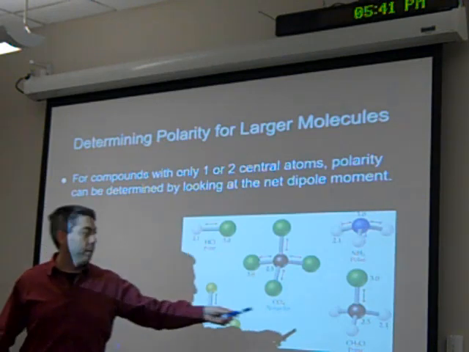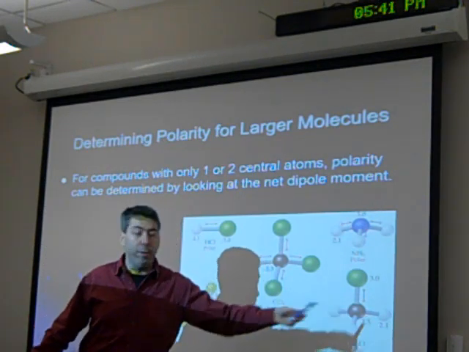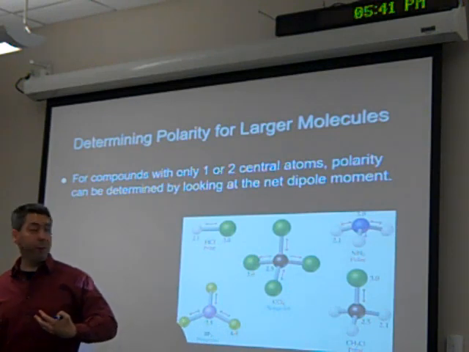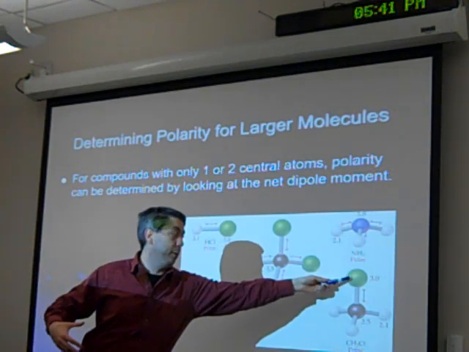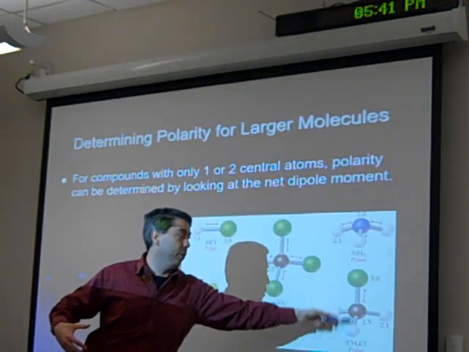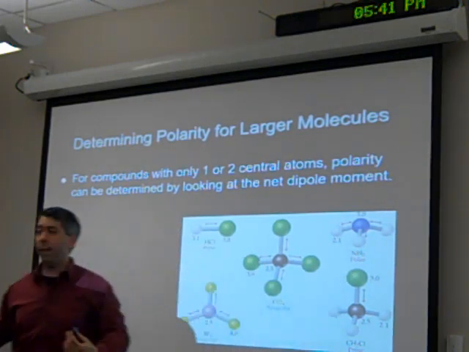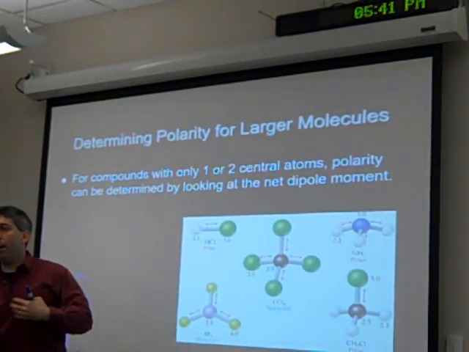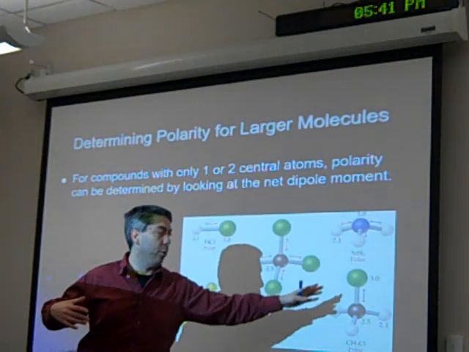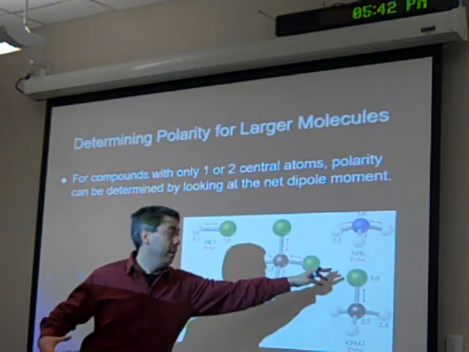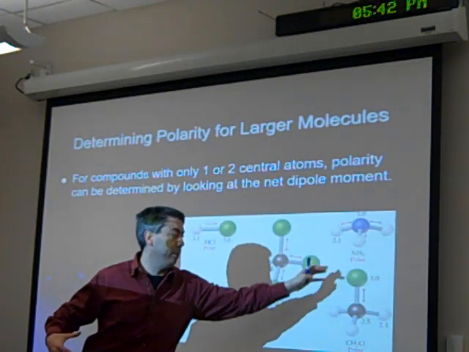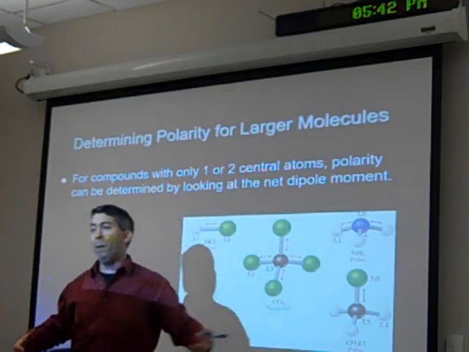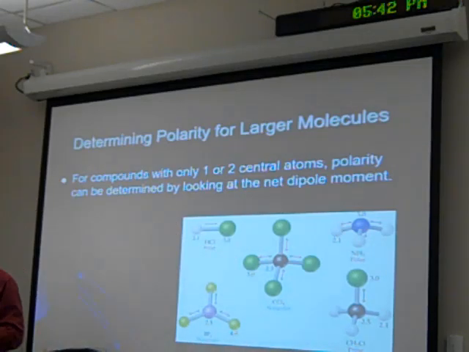However, if not all of the people in the tug of war are pulling with equal strength, if one of them perhaps is a little bit stronger, like in this case you have chlorine here, which is more electronegative, then you're going to have electrons tending to flow towards the most electronegative atom. This is going to have a partial negative around it, whereas these guys down here will have partial positive, and you'll end up with a polar molecule.